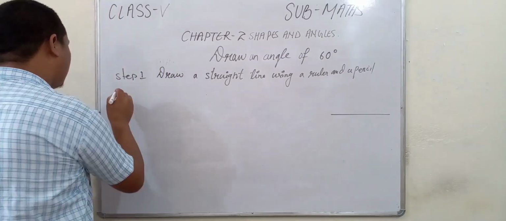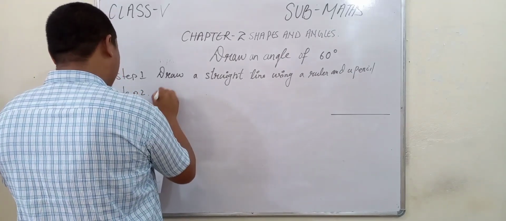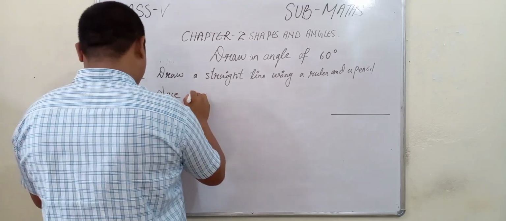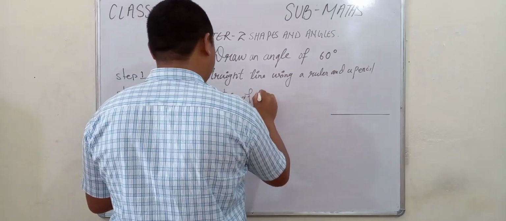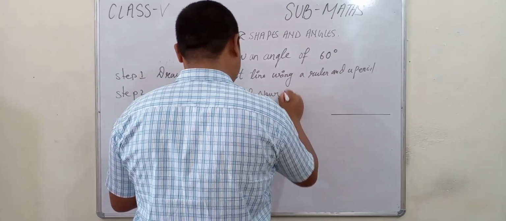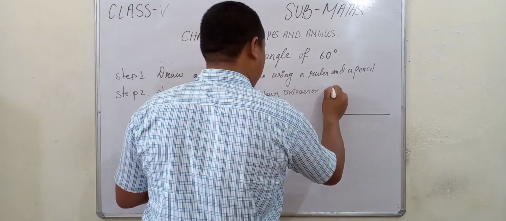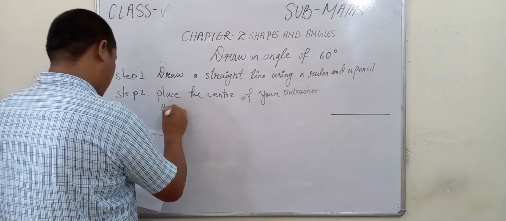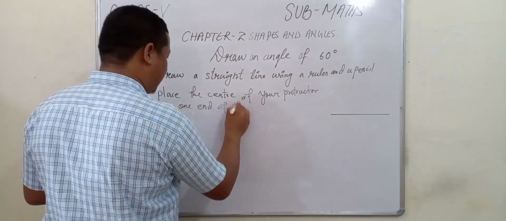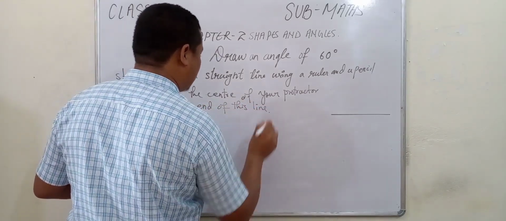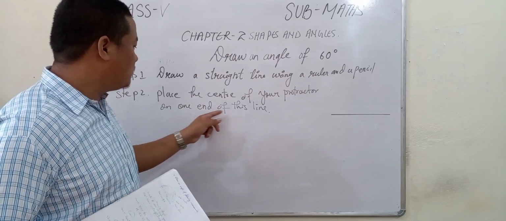Now step 2: place the center of your protractor on one end of this line.